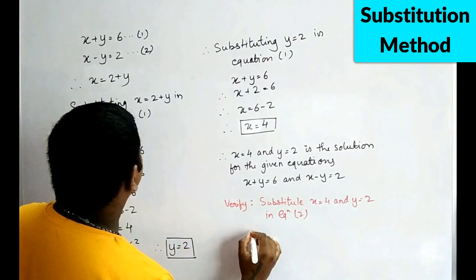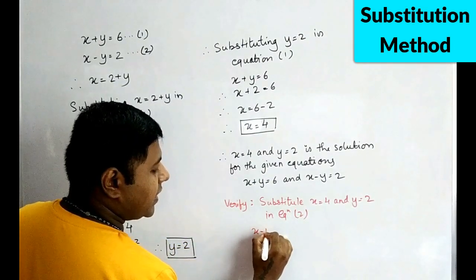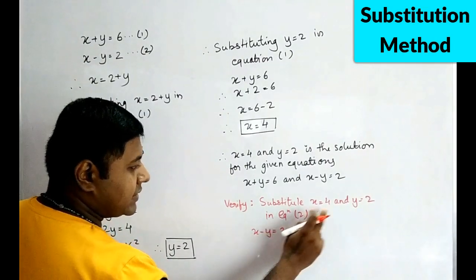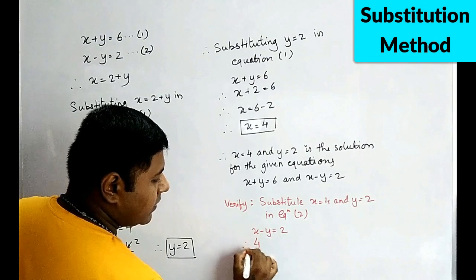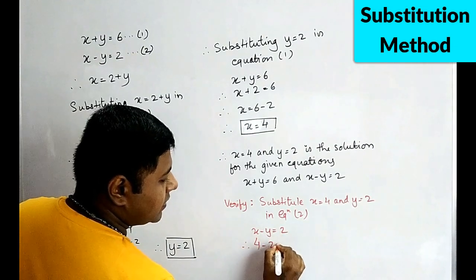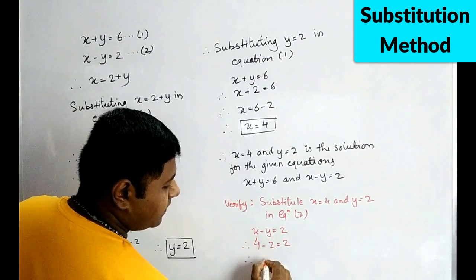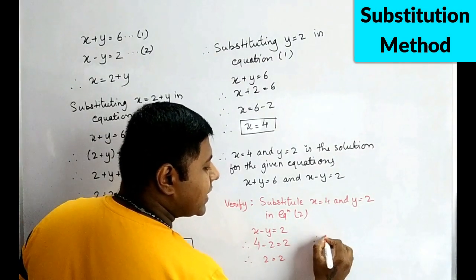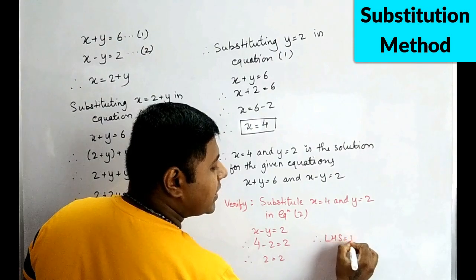So what is our equation 2? Equation 2 is x minus y is equals to 2. So what is the value of x? X is 4 and y is 2, so 4 minus 2 equals 2. Therefore, 2 is equals to 2. Therefore, we can say LHS is equals to RHS.